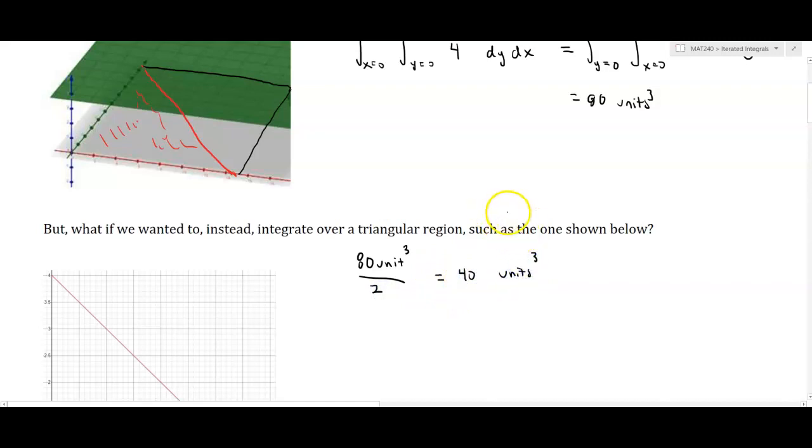This will only work, of course, if it's a triangular region or something that we can mathematically reduce to a simple formula. If that's not the case, how do we do it?